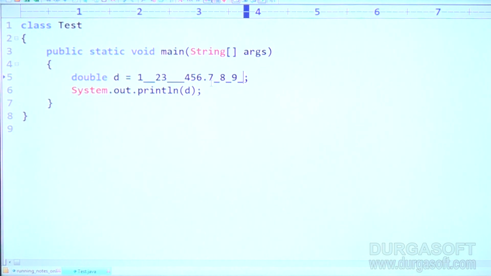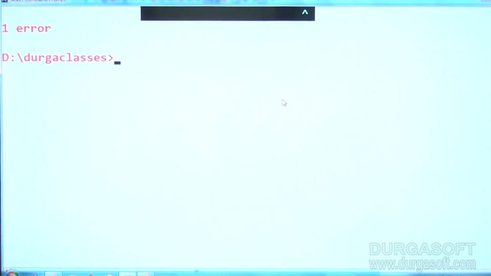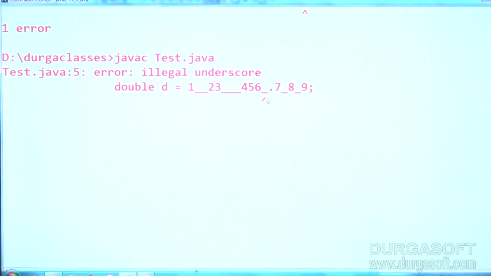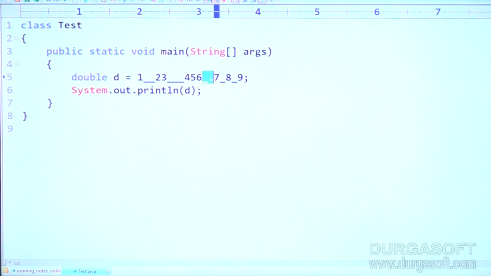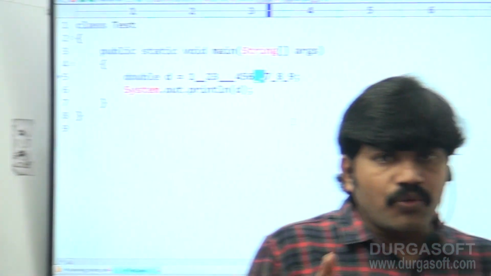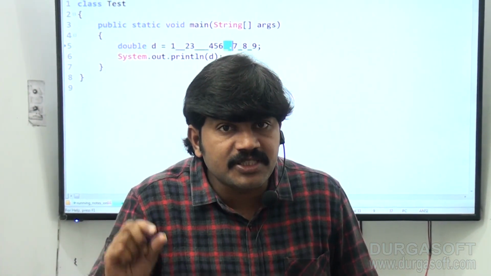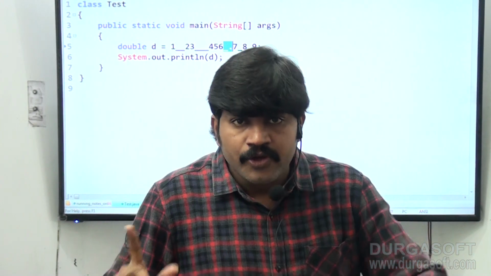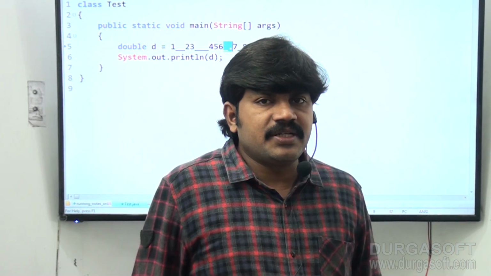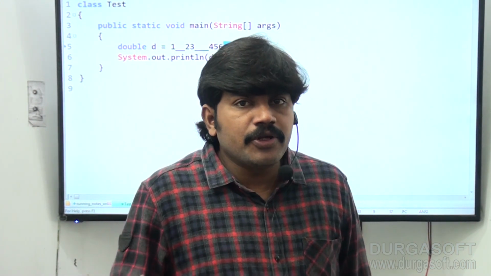Suppose here 6 underscore dot, if I take it, what will happen? Immediately, sir, you are going to get a compile time error. So we can use the underscore symbol only between the digits, not at the beginning, not at the end, not between a decimal point and a digit. Clear, right?